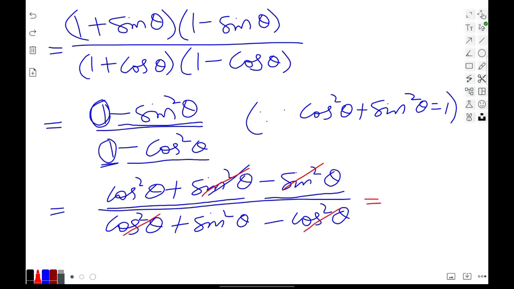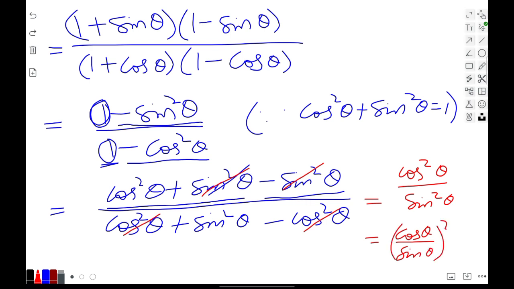So what is left? Cos square theta by sin square theta. Can I write it as cos theta by sin theta whole square? But what is cos by sin? That is cot, right? So cot square theta.